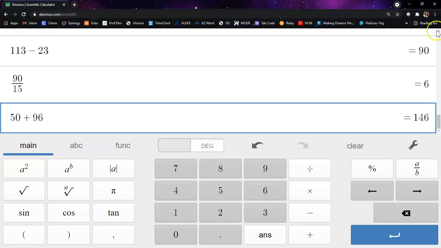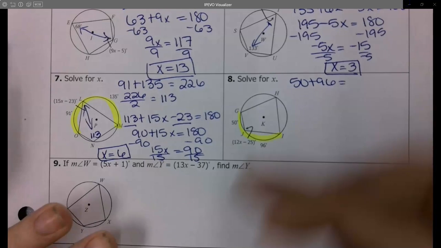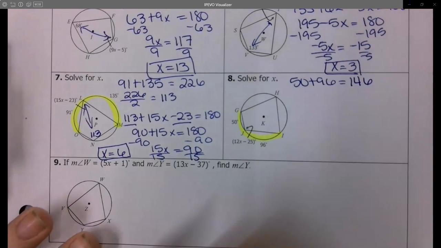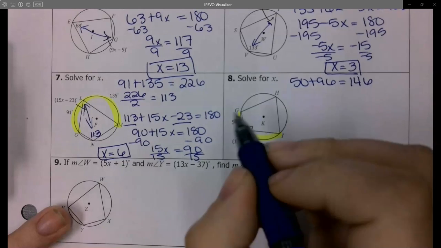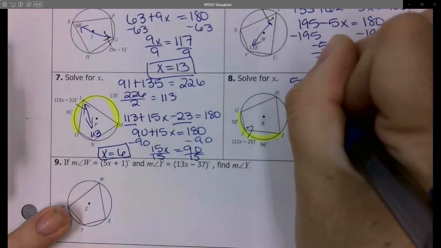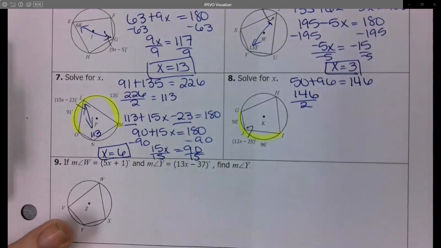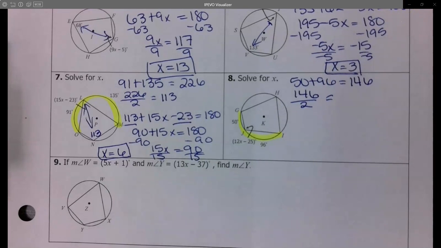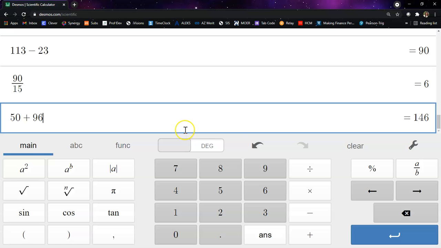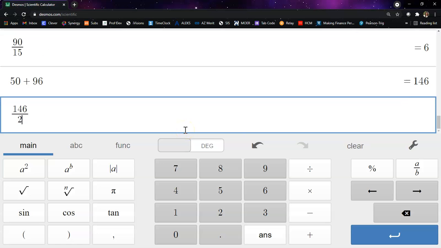Gets me 146. So then I want to take half of that to find the measure of angle H, which gets me 73.